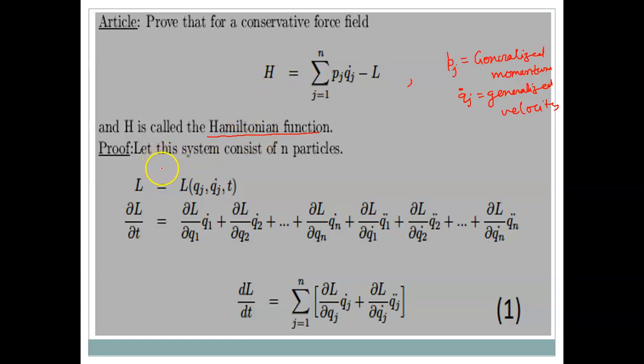So in order to prove this, you can see in this expression what variables are appearing. Accordingly we take our assumptions. Consider a system consisting of n particles. Then of course the generalized coordinates are qj.